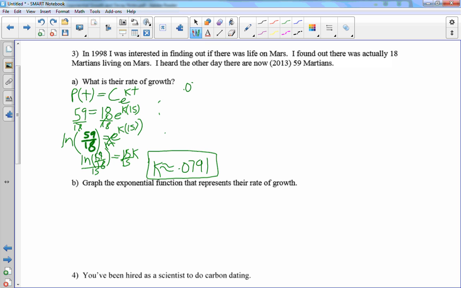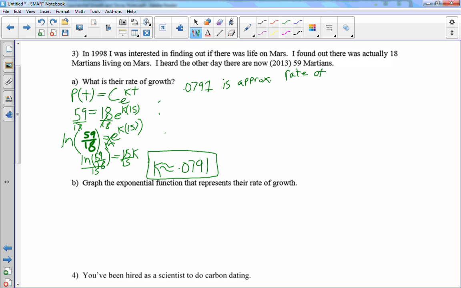So, we would say the yearly growth rate of the Martian population is this, or 0.0791 is the approximate rate at which the Martians increase per year.